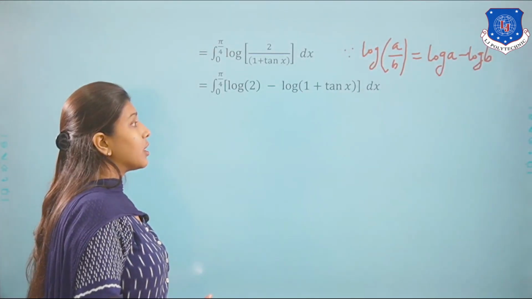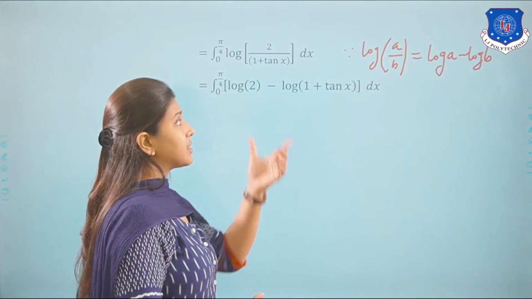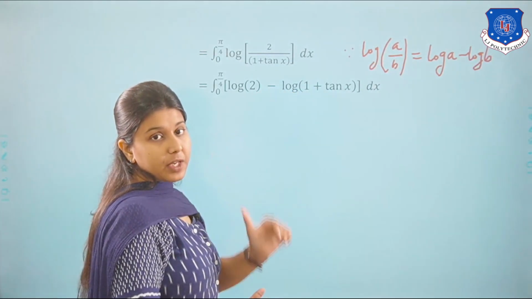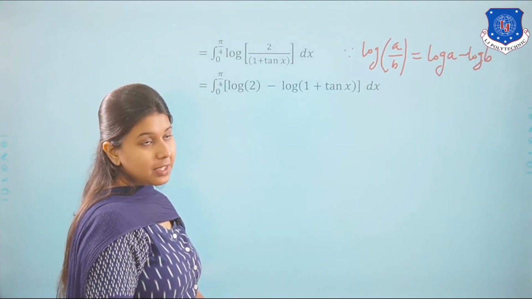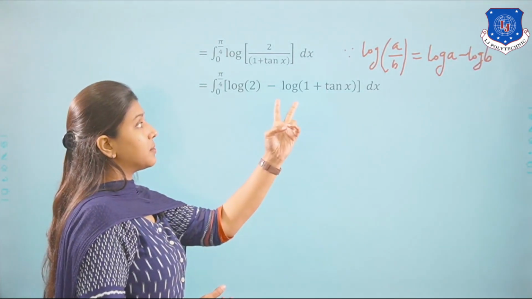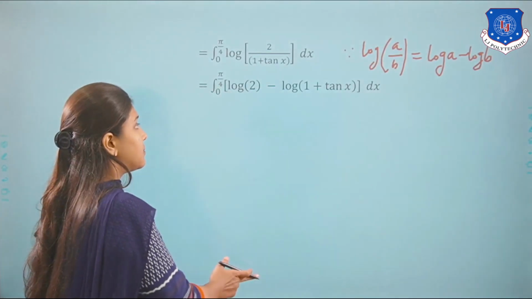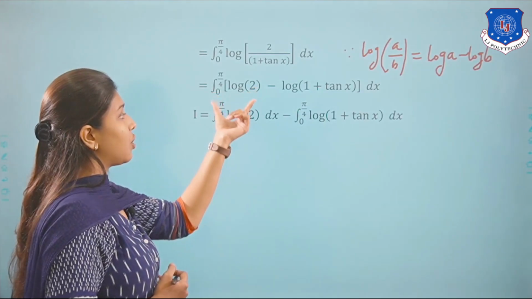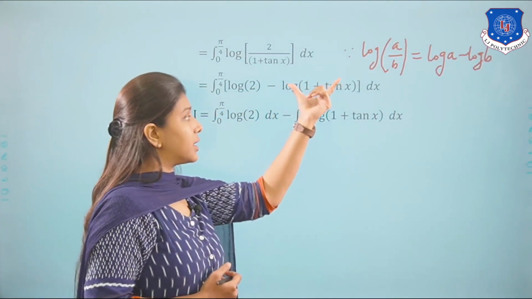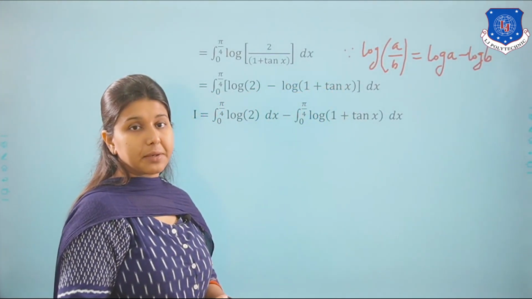Now we are having subtraction in the integration. That means we are having two terms in the integration. So we can write it as integration of first term minus integration of second term.